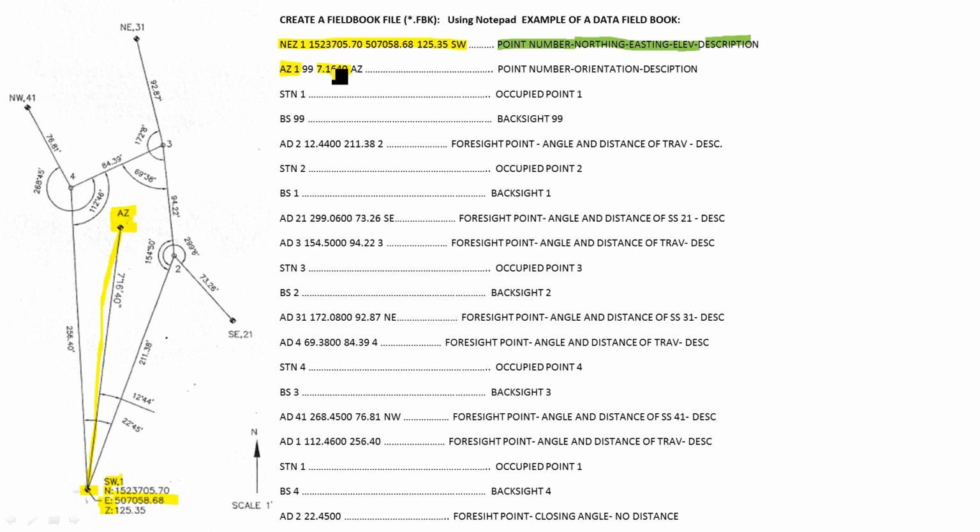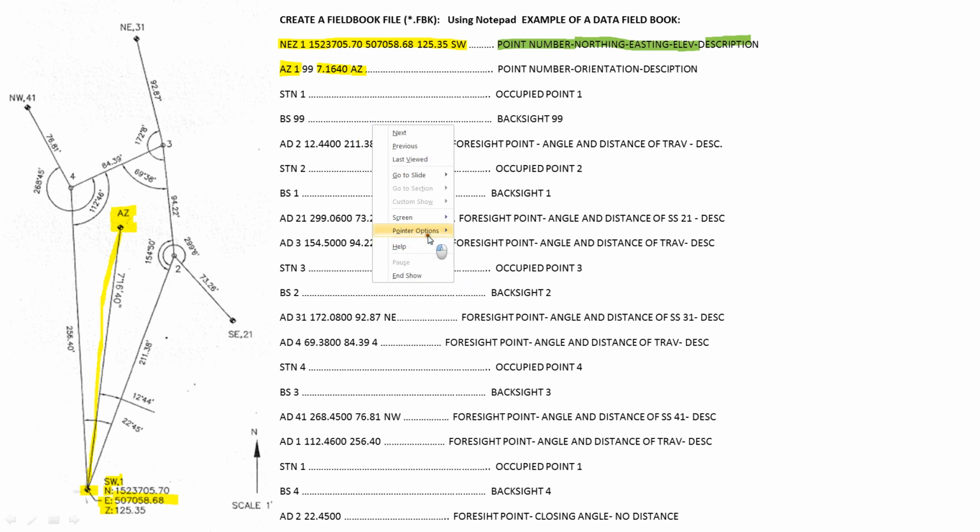The two digits after the decimal place represent the minutes, and the next two digits represent the seconds. Then I have a description. So the AZ is telling me it's an azimuth line from point 1 to point 99, then the direction of the azimuth, 7 degrees, 16 minutes, 40 seconds, and I have to give it a description, and we're just going to call it azimuth.